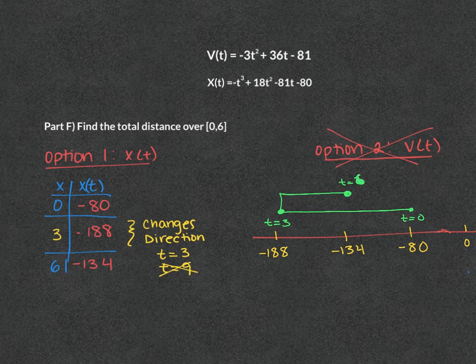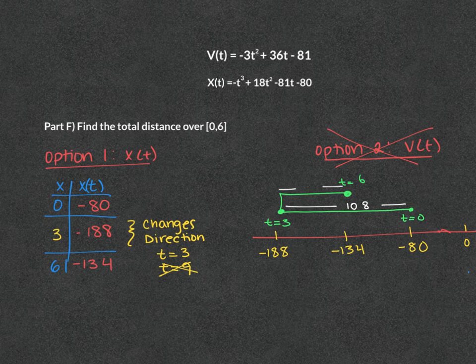So what we want to figure out is the distances between those spots, and then we just add them together. So we want to know how far it is from negative 80 to negative 188. So you can kind of disregard the negatives and just subtract these two. So 188 minus 80. So go ahead, type that into your calculator, and you should get 108.